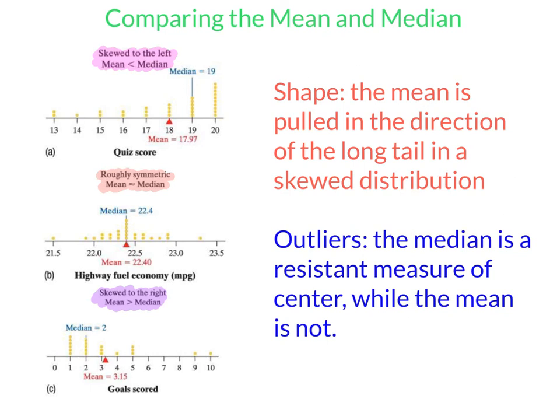To sum up those ideas, when comparing the mean and the median, the mean is pulled in the direction of the long tail in a skewed distribution. So if it's skewed to the left, the mean is going to get pulled to the left. If it's skewed to the right, the mean is going to get pulled to the right. And when we talk about outliers, the median is a resistant measure of center, while the mean, as we know, is not.